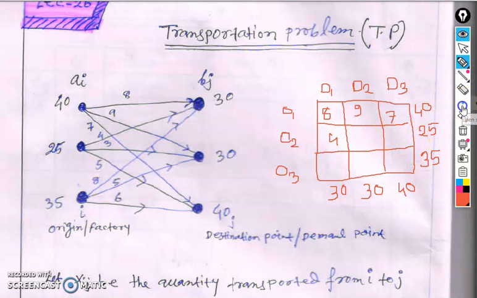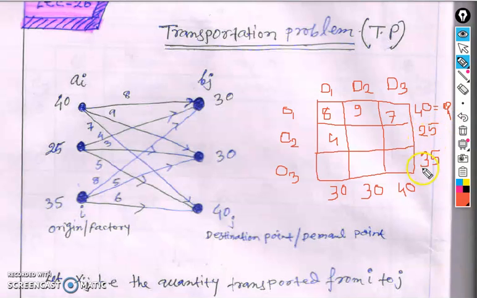We start to construct the given matrix here. The first factory production is 40 units, so here we mention 40. This is nothing but A1.